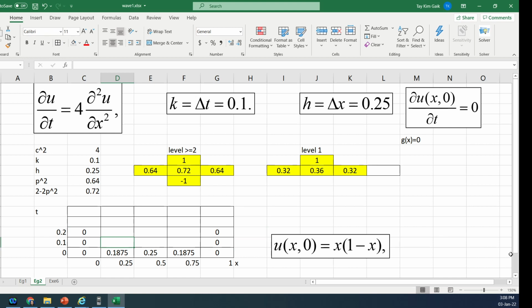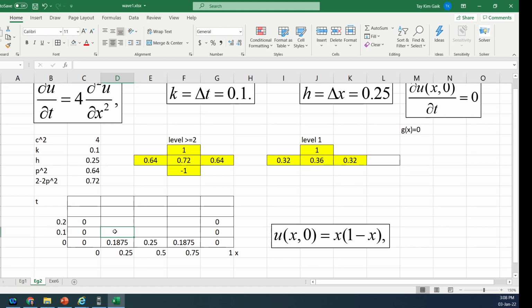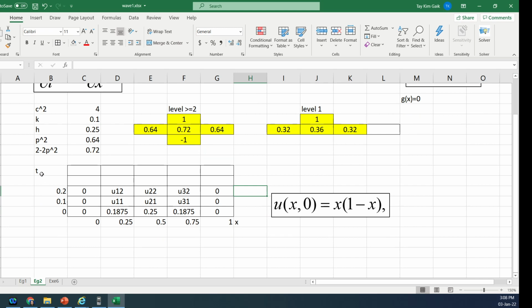Now you need to find, like just now, u11, u21, u31, then here u12, u22, u32. Then I can copy it again.